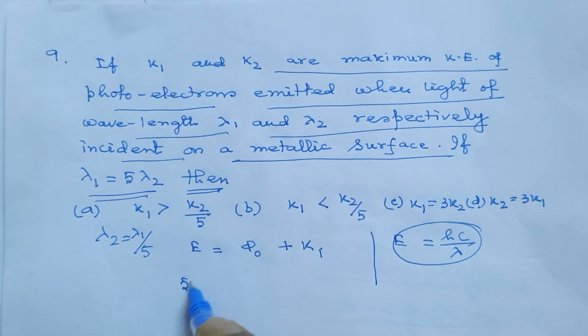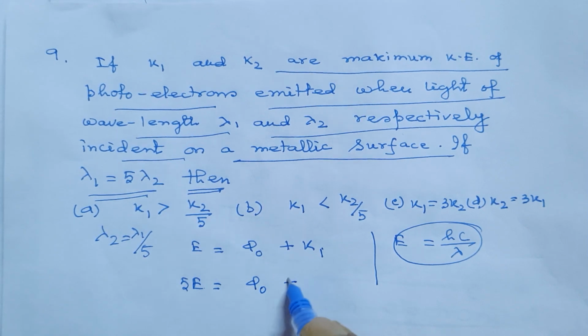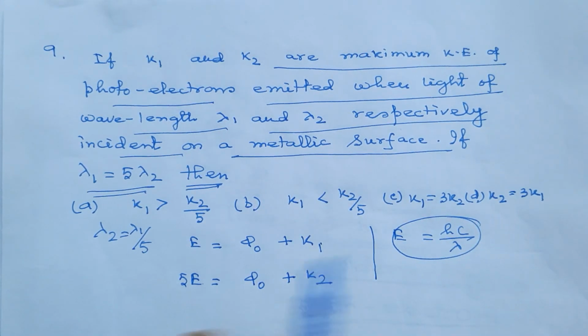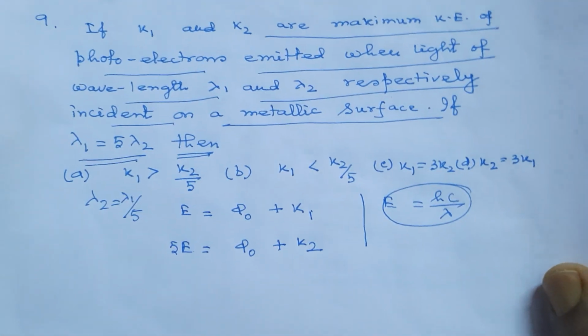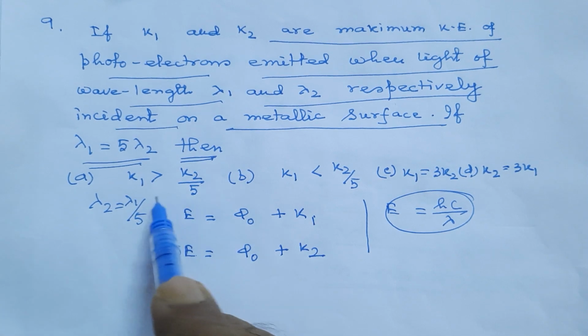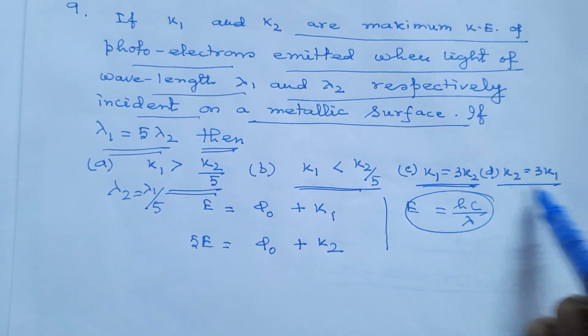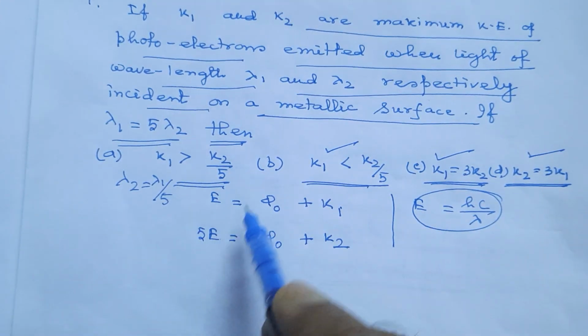So we may write 5E equals phi 0 plus K2. What are the options? The options give the relation between K1 and K2.